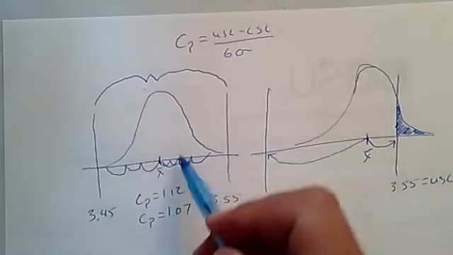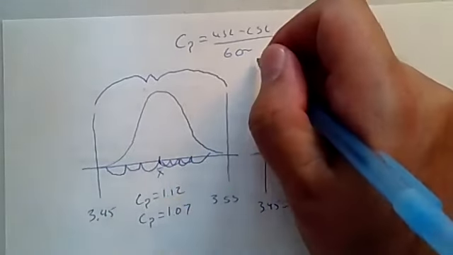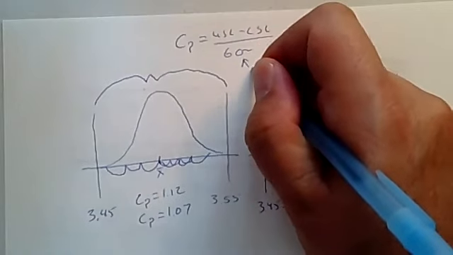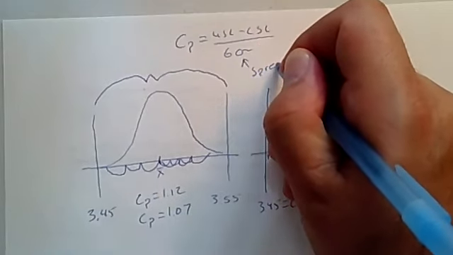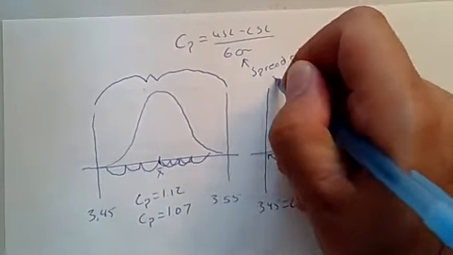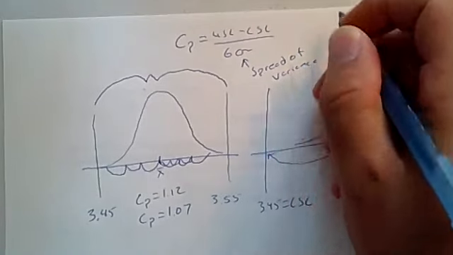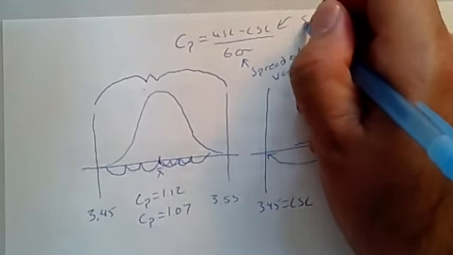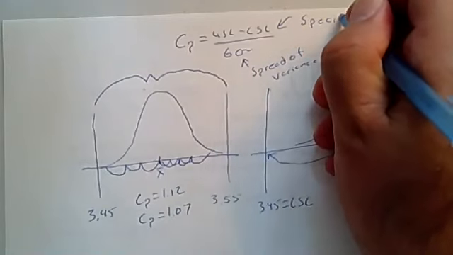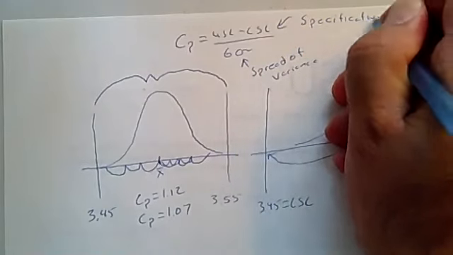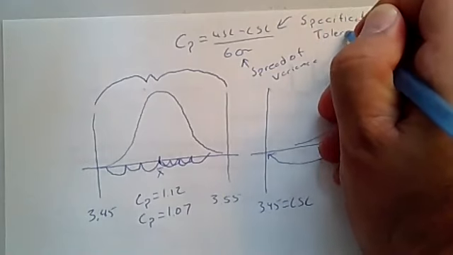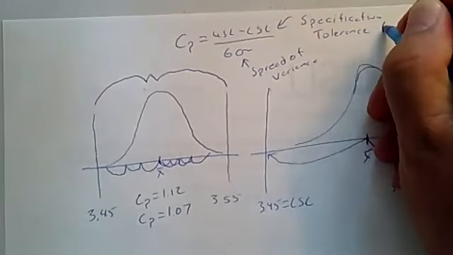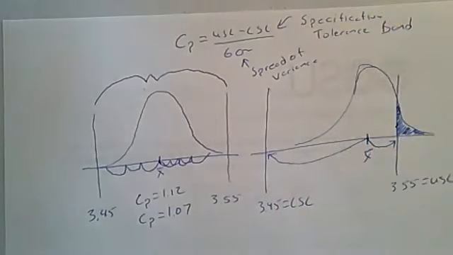So if I put 6 standard deviations on the bottom, this is the spread of the variance, and this is what they call the specification or tolerance band. How wide is it?